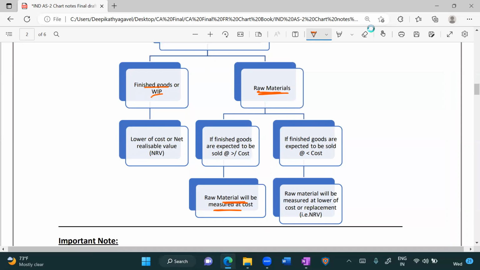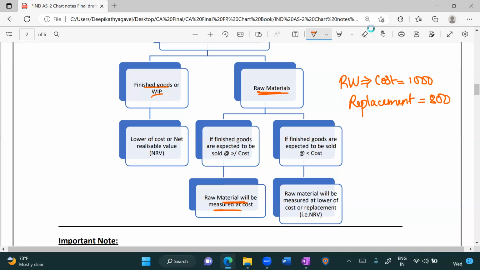What do I mean by that? Let's say your raw material cost is, let's say, rupees 1000 and its replacement cost is 800.